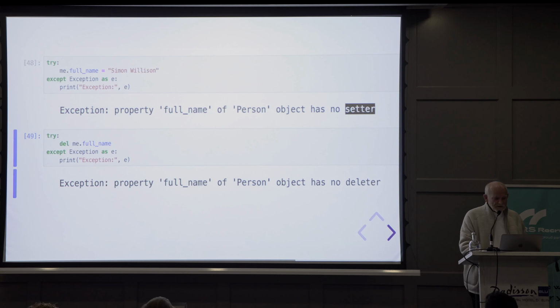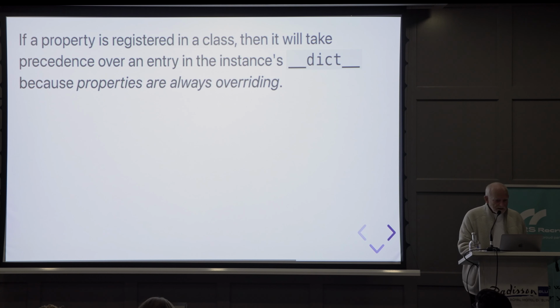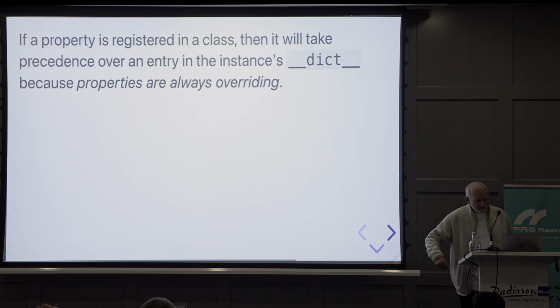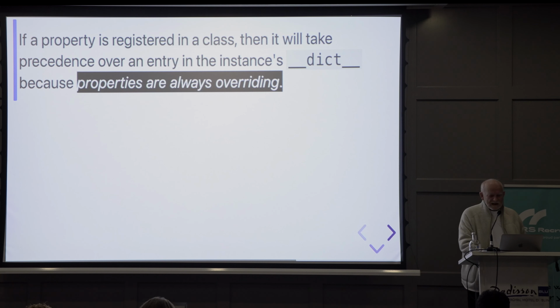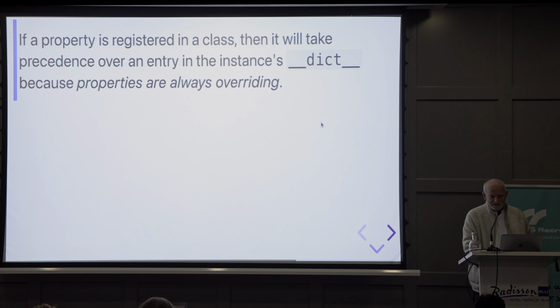And similarly, if I try to delete it, it says it doesn't have a deleter either. So if a property is registered in a class, because it's a descriptor, it will take precedence over an entry in the instance's dict, because properties always have the get and set methods, even when they don't actually do anything except raise an exception that says we don't have the right methods.